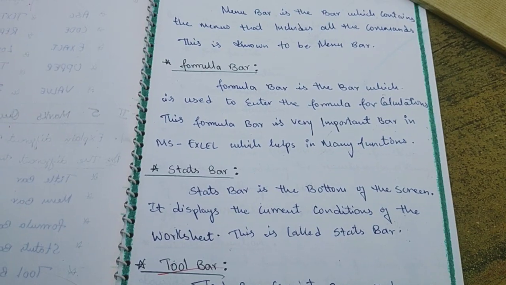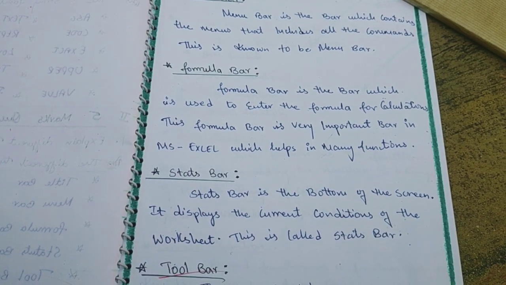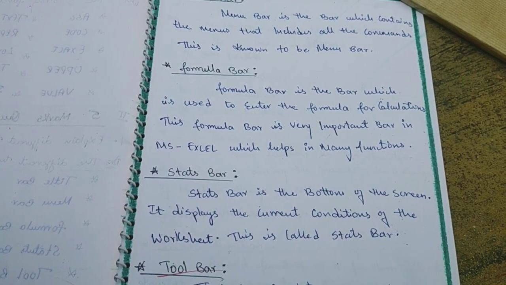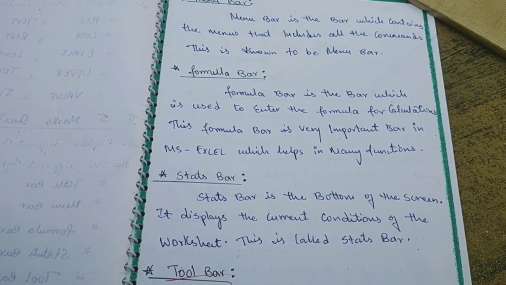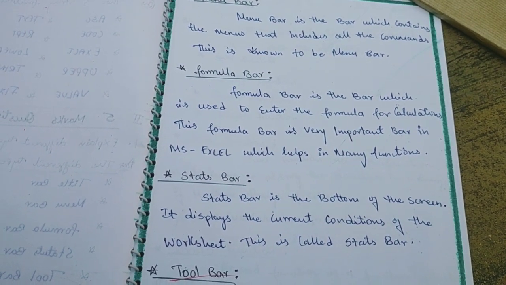Formula bar is a bar which is used to enter the formula for calculation. This formula bar is a very important bar in MS Excel which helps in many functions. As I said, the formula bar helps in calculating the data.